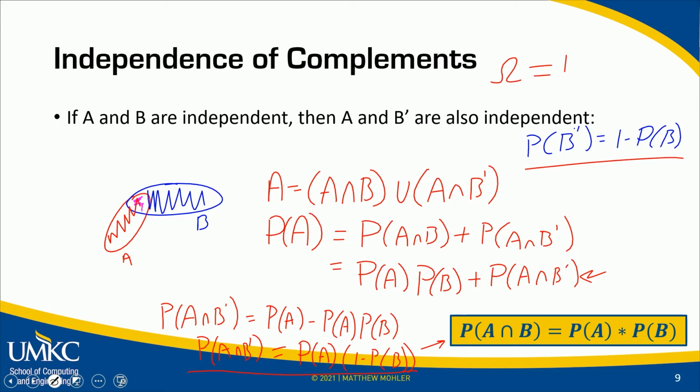This holds because, as you may recall, we started here with the probability of A, and based on this, we can show that even the complements still hold with this same equation. But more importantly, since we started with the definition of regular independence and moved that into the independence of complements, if two events are independent, then so are their complements.